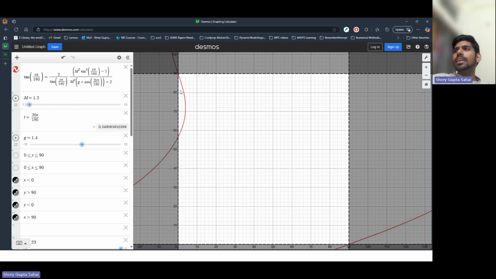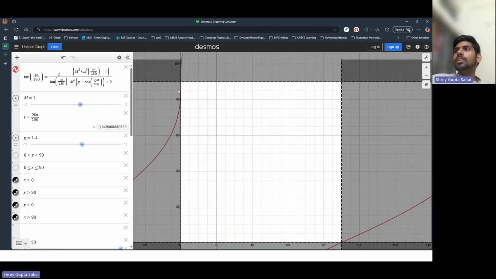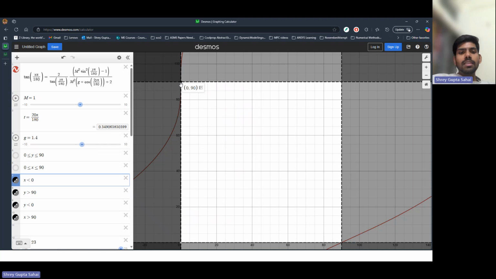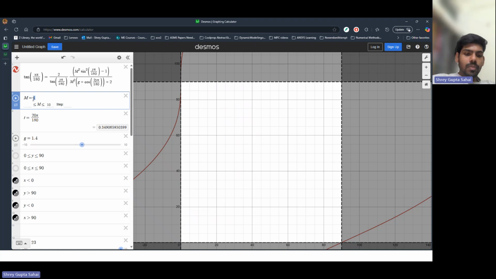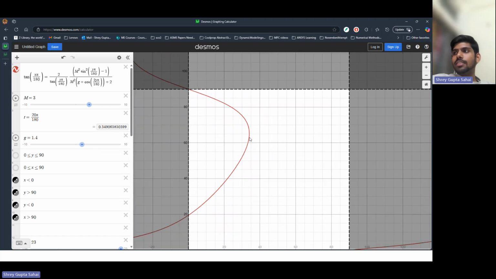In the limit Mach number equals 1, both the solutions are going to converge to 90 only, because sine inverse 1 is pi by 2. Anyways, this is the general trend. We see there is a nose that exists and so on.